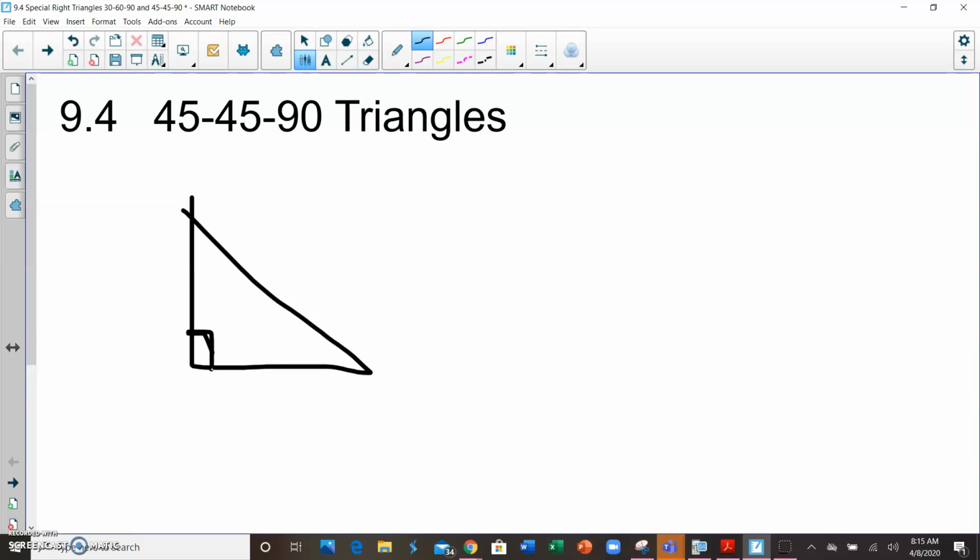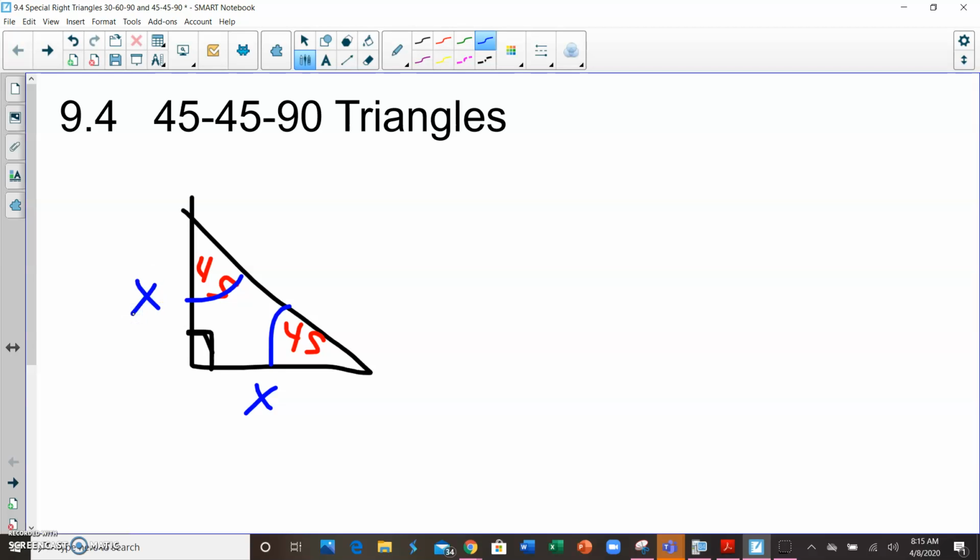In a 45, 45, 90 triangle, if this is a 45, then this is a 45, and that one's the 90. Because these two angles are the same, that makes both of the legs the same. So if this is x, this is also x.